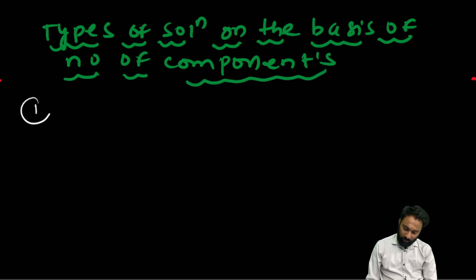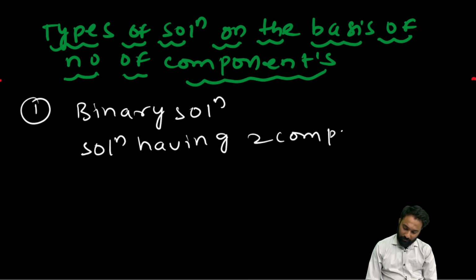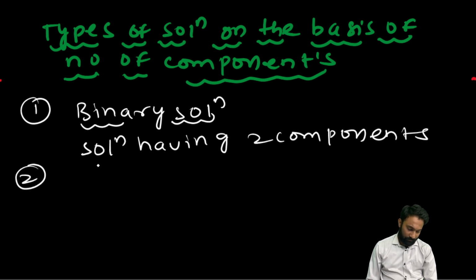The first one is a binary solution. What is the meaning of a binary solution? A solution having two components is known as a binary solution. Clear? Next, the ternary solution.